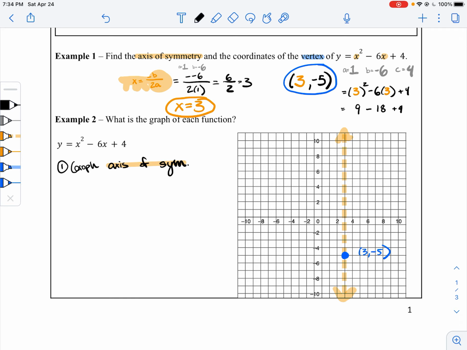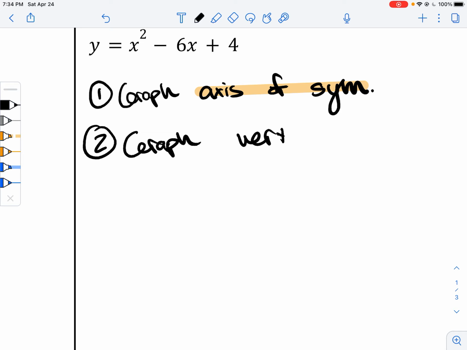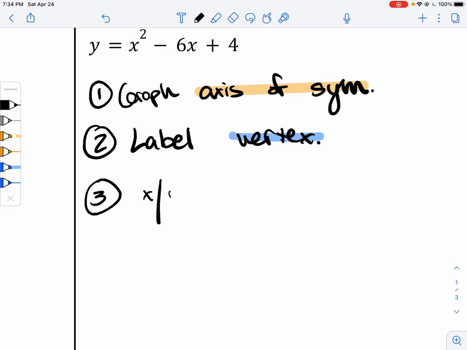Now that we know where our vertex is, we can take our xy chart. Oh, I skipped instructions. Graph the axis of symmetry. Graph the vertex. I guess graphing is kind of a misnomer. It's just label the vertex. And then finally, we're going to do an xy chart near the vertex.